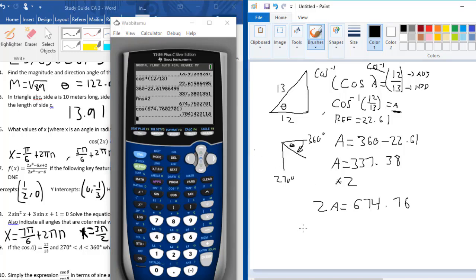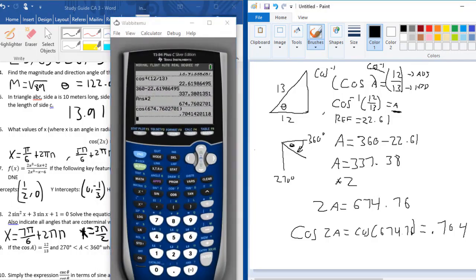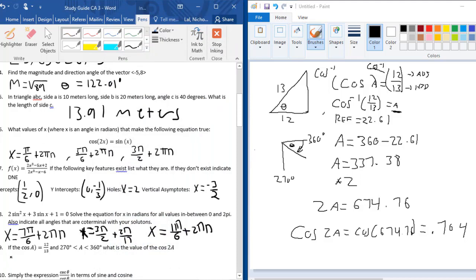So the cosine of 2A is equal to the cosine of 674.76 degrees, and that's approximately equal to 0.704.